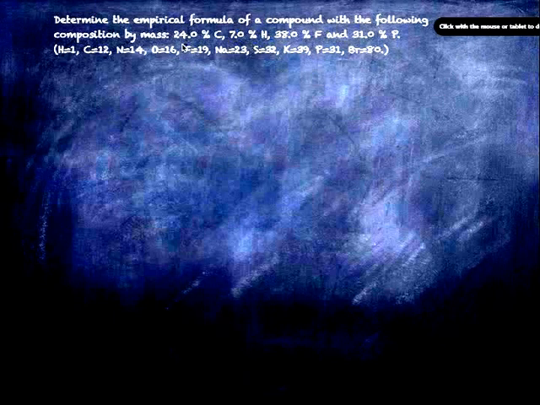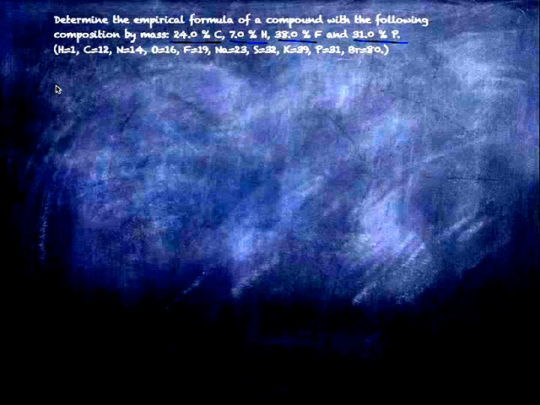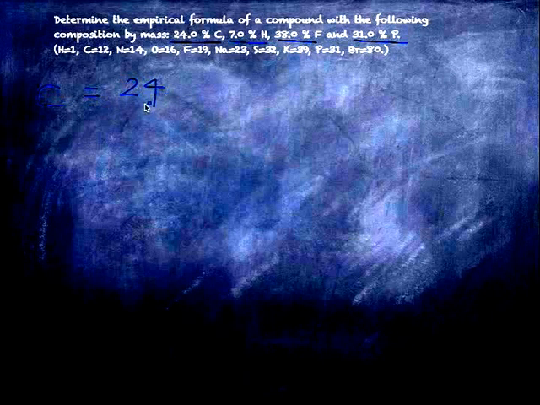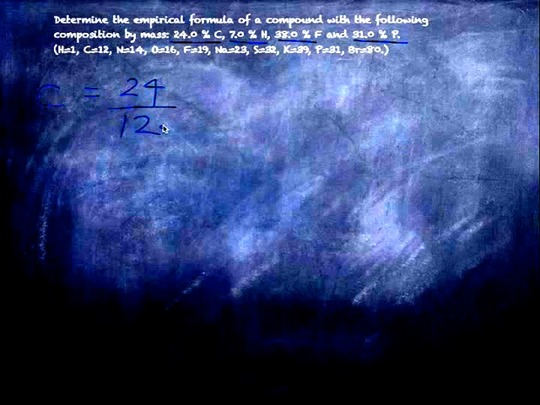This time we have 24% carbon, 7% hydrogen, 38% fluorine, and 31% phosphorus. We know the drill now, so we basically just assume that we've got 24 grams of carbon, 7 grams of hydrogen, 38 grams of fluorine, and 31 grams of phosphorus. So we can write down we've got 24 carbon, that's going to be divided by 12.